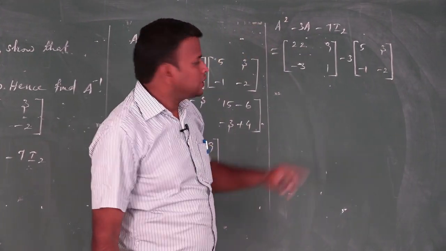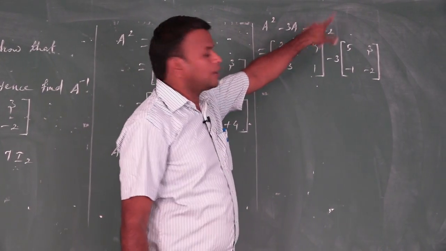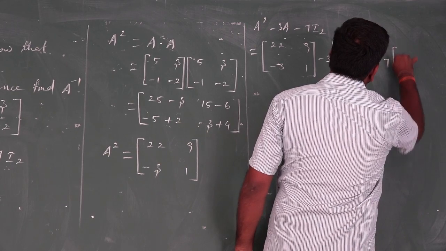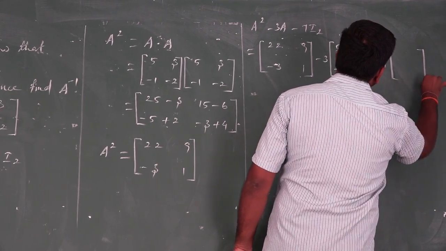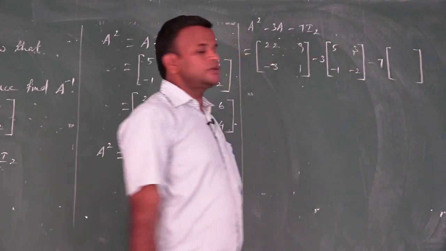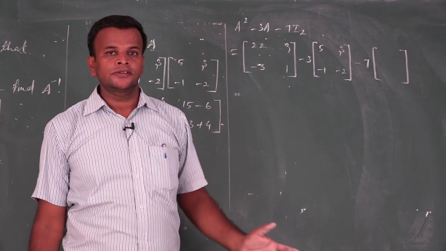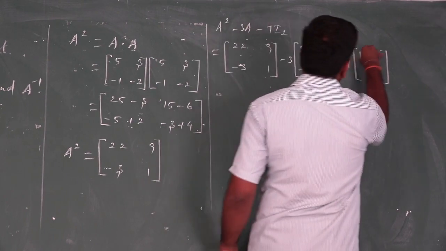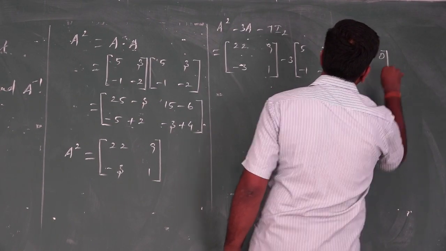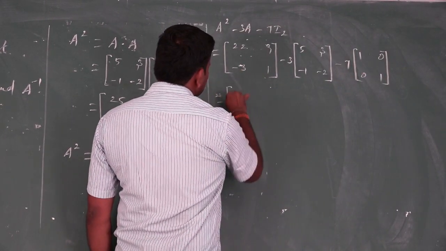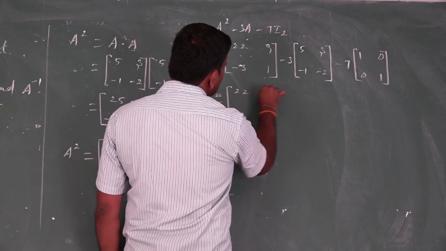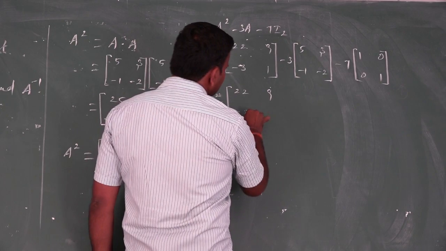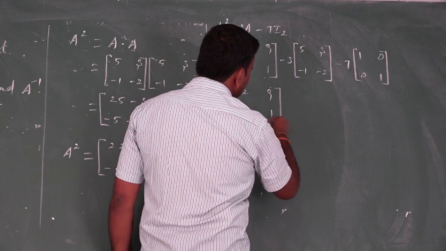The next term is minus 7 into I2. What is the value of I2? The value of I2 is 1, 0, 0, 1. So in the first matrix there is no change, we write it as it is: 22, 9, minus 3, 1.